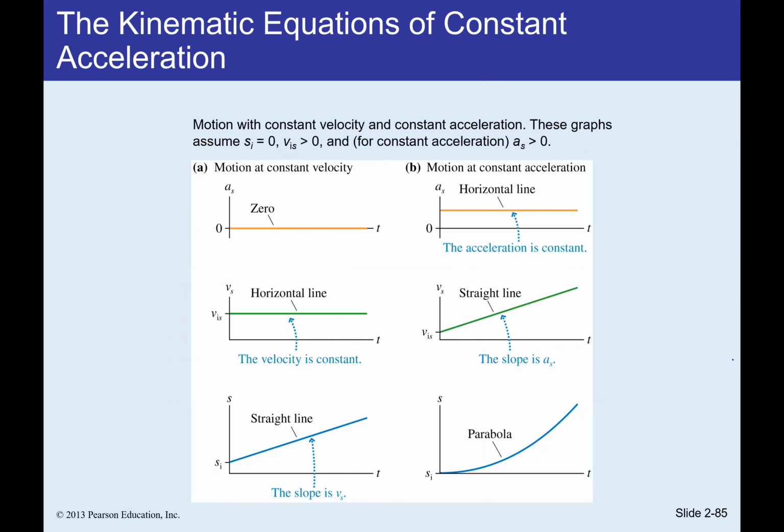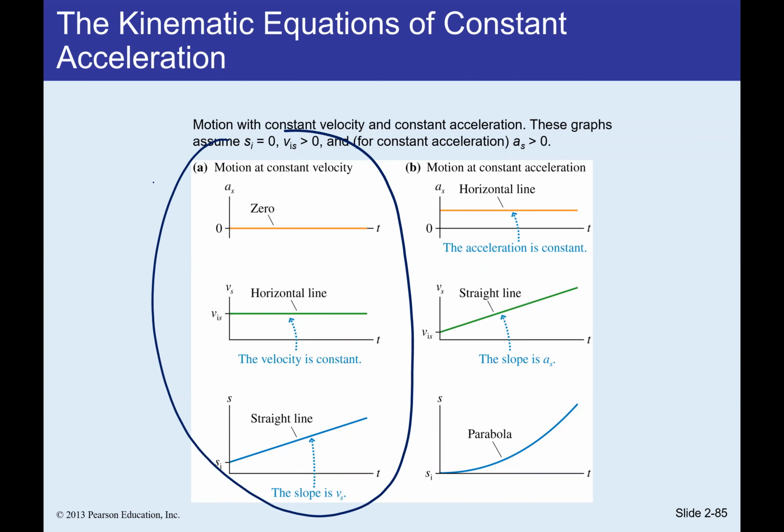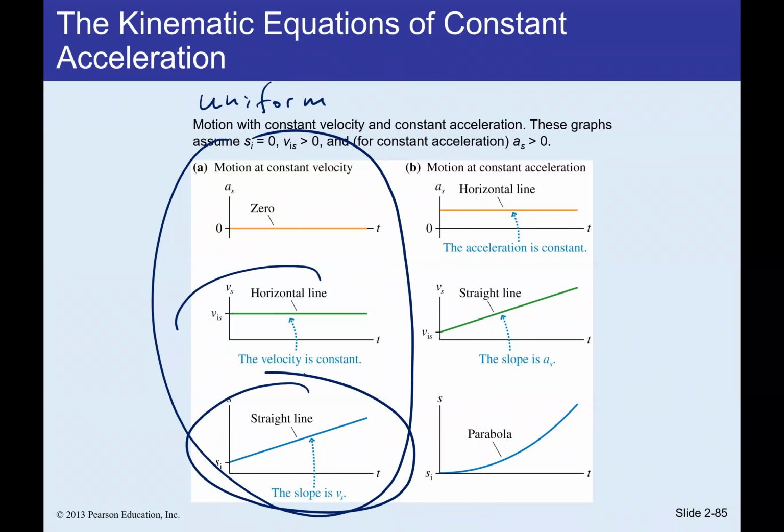All right, so let's summarize what we have. Motion with constant velocity, which is a uniform motion, means that the position versus time graph is going to be a straight line like that, where the slope is the velocity. And since velocity is constant, the velocity versus time graph is going to be a horizontal line.